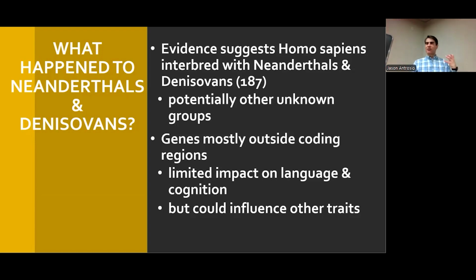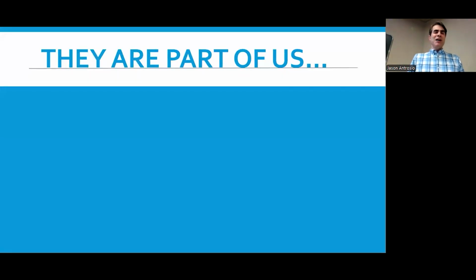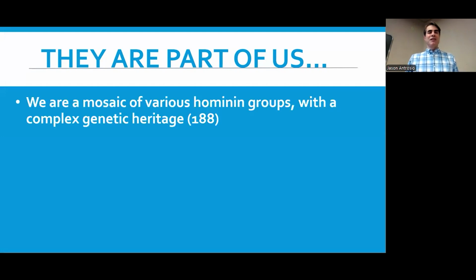As we saw, the genetic stuff is very complicated. And so there's evidence that there is both Denisovan and Neanderthal ancestry genetically to varying degrees in different human populations. But I would caution you about the implications. We may know more later on, but for now, we just know that they interbred. And what that means is that, as your textbook puts it, some of these other humans are still a part of us.